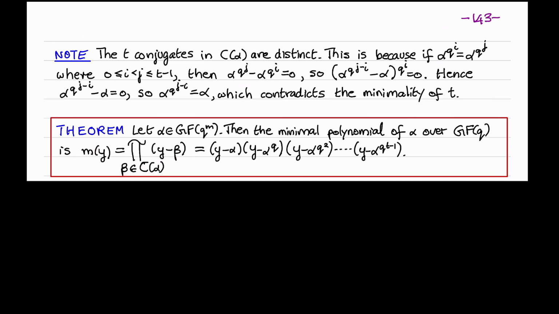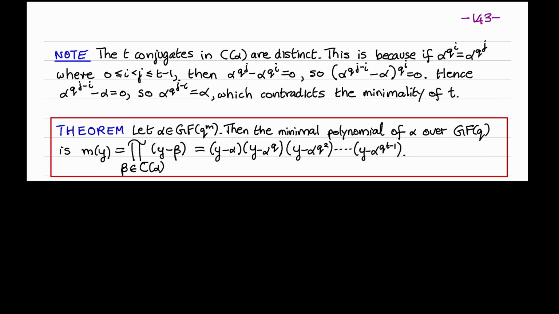In other words, M of y equals y minus alpha times y minus alpha to the q times y minus alpha to the q squared, and so on, up to y minus alpha to the q to the t minus 1, where t is the smallest positive integer such that alpha to the q to the t equals alpha.